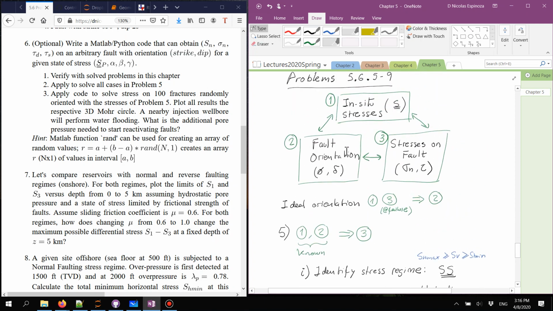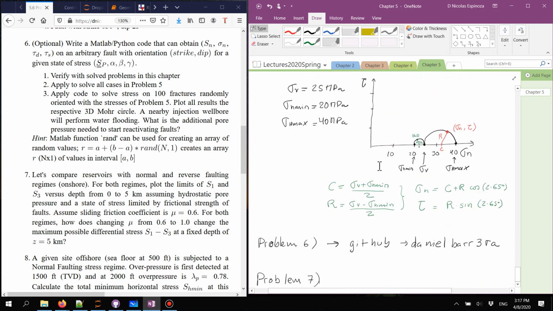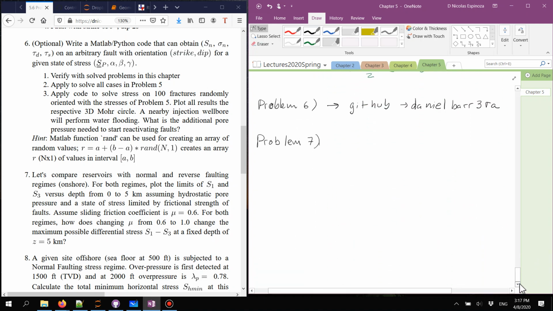So this is going to be, we know 2 and 3, we're going to determine 1. Let me just write that down. This is a case where we know sigma 2, we know sigma 3, and we are going to determine sigma 1. In this particular case, you just have to determine the magnitude of the stress.